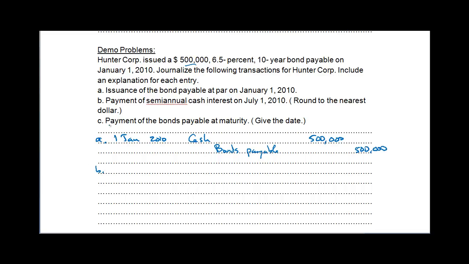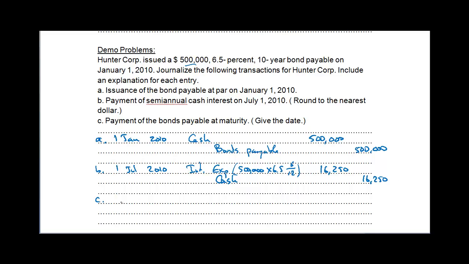All right. B, payment of semi-annual cash interest. The first interest payment, July 1st, 2010. Okay, so 1 July 2010. Pay interest, therefore, interest expense, and that would be $500,000 times 6.5% annual times 6 over 12, because it's a semi-annual interest payment, and that works out to $16,250. So debit interest expense, credit cash, $16,250.